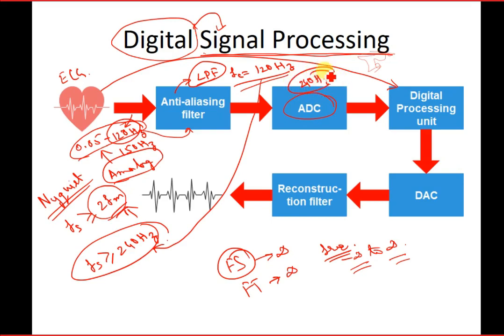Okay, so our signal now will be converted from the analog domain to the digital domain. Now this digital signal will be fed into the digital processing unit. Okay, then it will be processed over here, and from here you can take the printout.